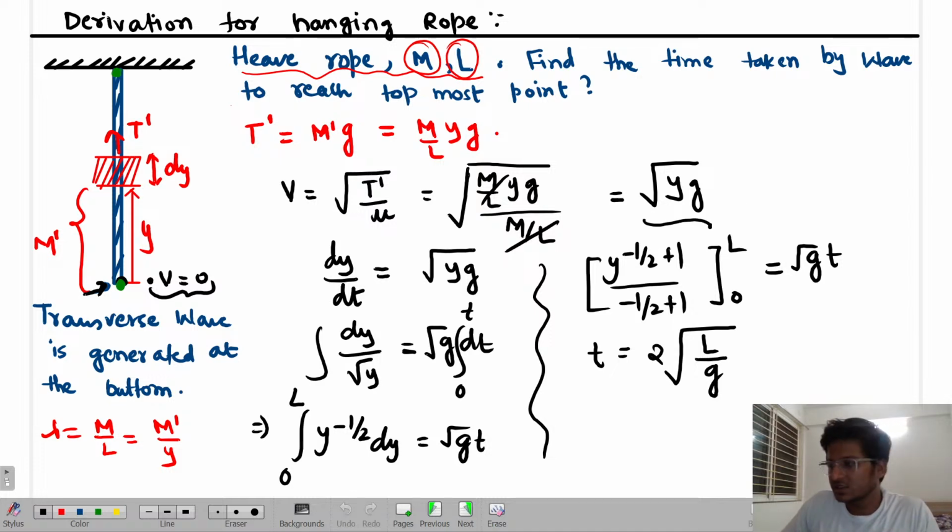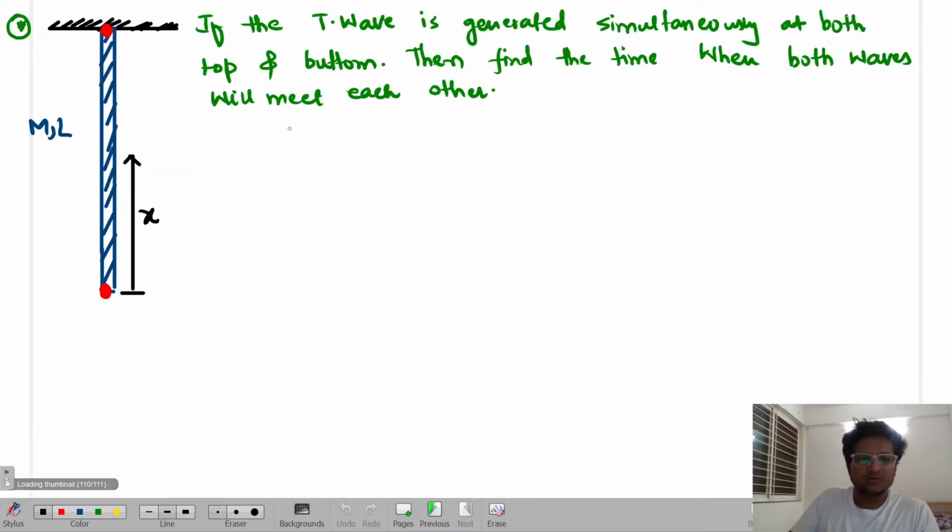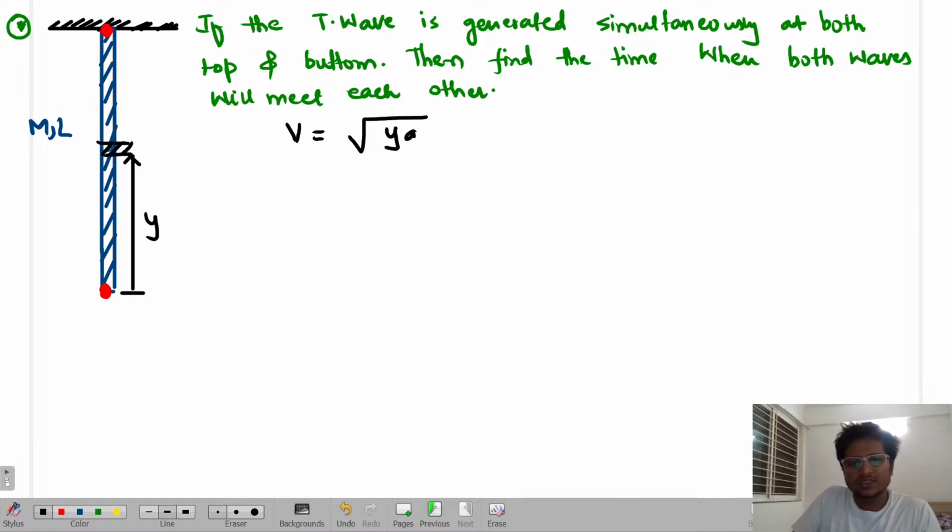Whatever you do, the velocity of the wave generated in this hanging rope is exactly equal to, sorry, let me erase this variable first of all, v equal to root under yg, isn't it? This is the variable velocity which we got earlier, just before this question, isn't it?